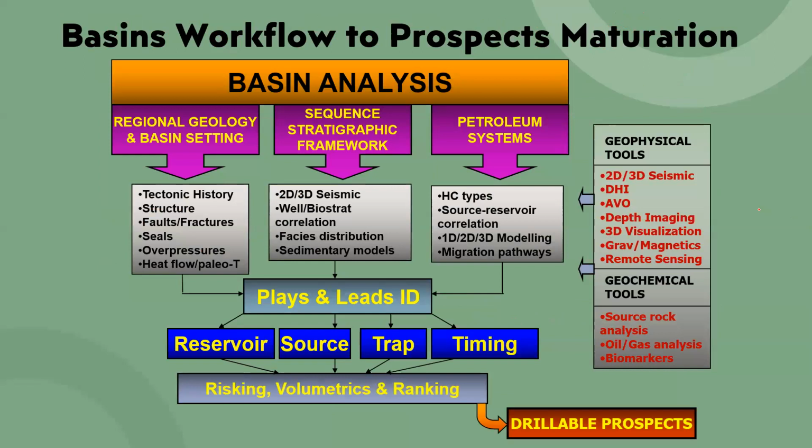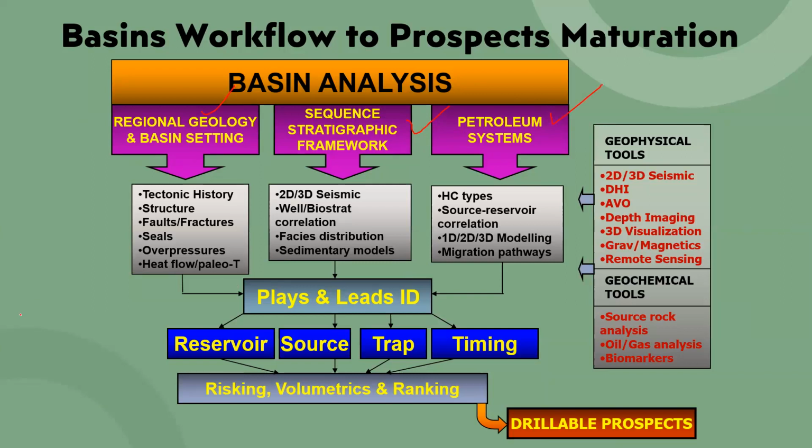Another thing, the basin analysis is very important for prospect maturation. So when we are doing the basin workflows or the basin studies, most of the time we follow some workflows. So in basin analysis, normally we come up with three main categories. One is the regional geology of the area or the basin setting. Second is the sequence stratigraphy framework. And the third thing in basin studies is the petroleum system.